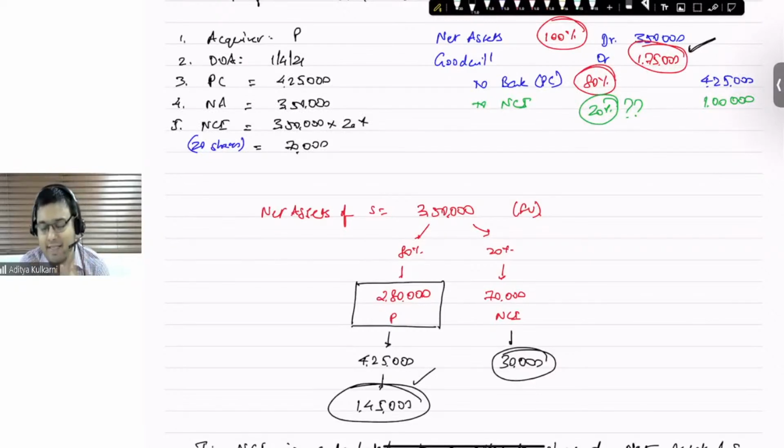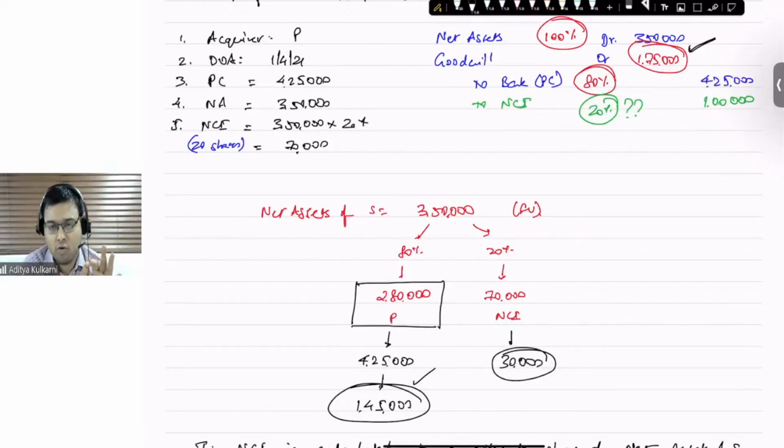Or will NCI say, whatever that value is, it has nothing to do with me, market value is 1 lakh rupees. You pay me 1 lakh rupees and take the shares. What do you think will happen? Do you think NCI will ultimately be able to sell at 70,000, or do you think NCI will be able to sell at 1 lakh? Obviously, it is going to be sold at 1 lakh.